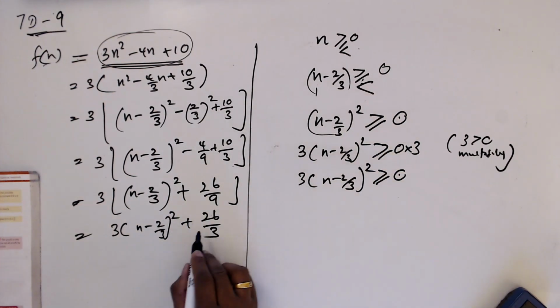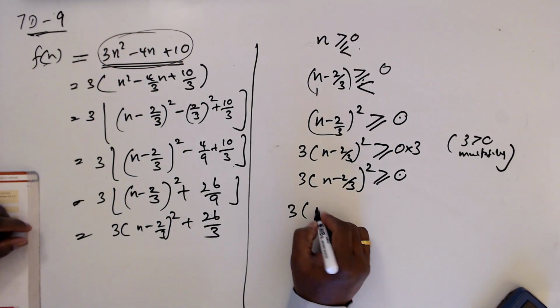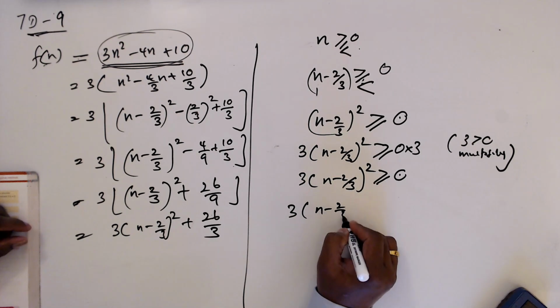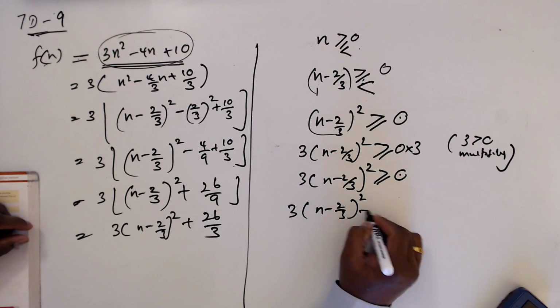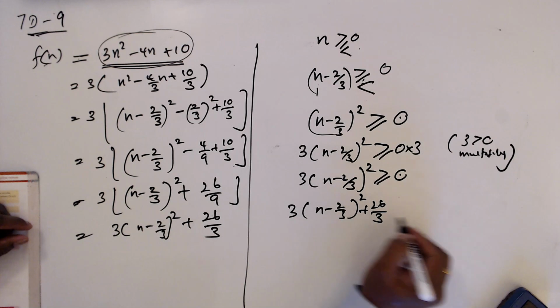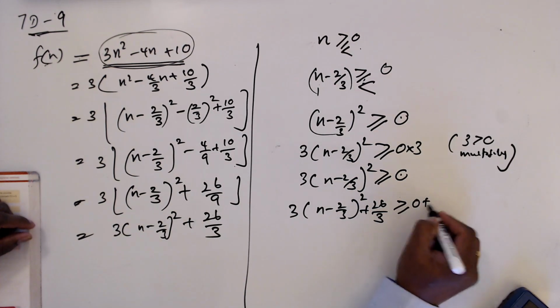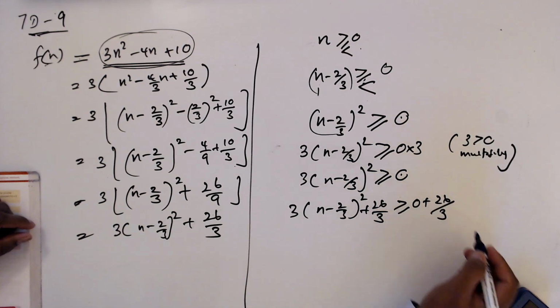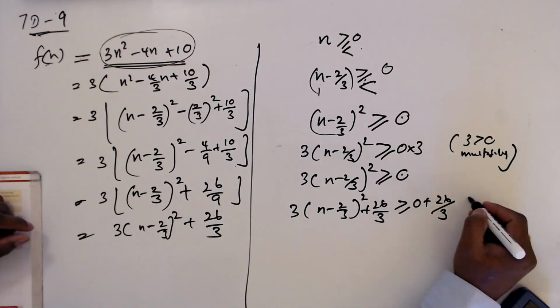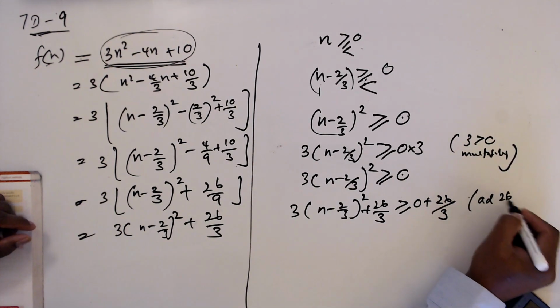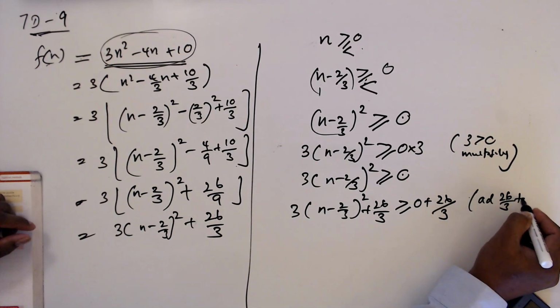Now I am going to add 26 over 3 to both sides.